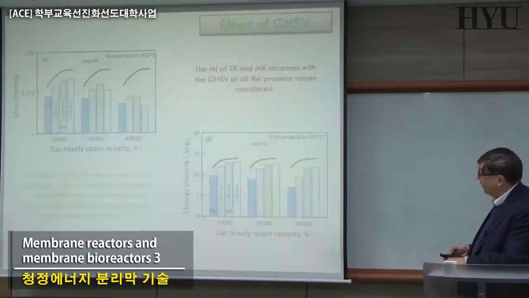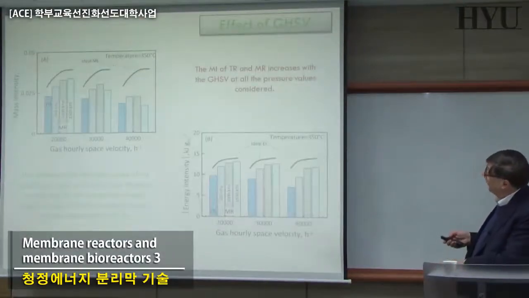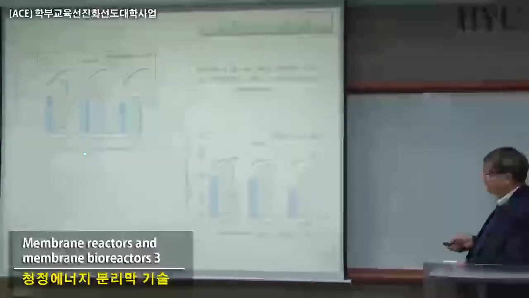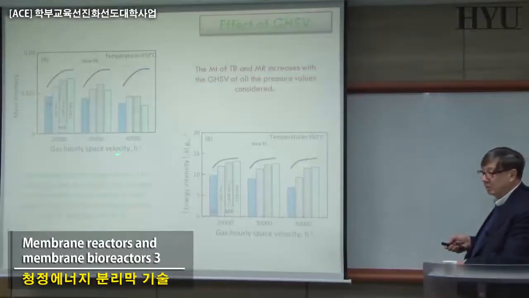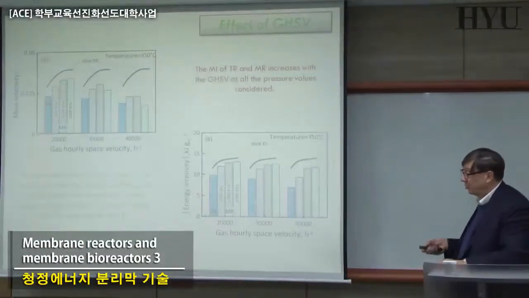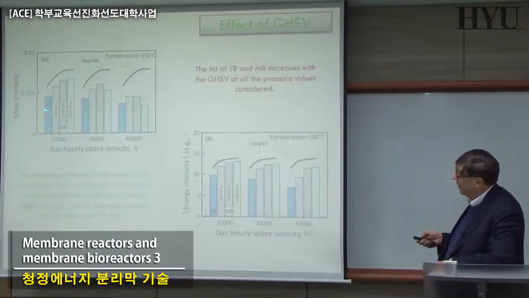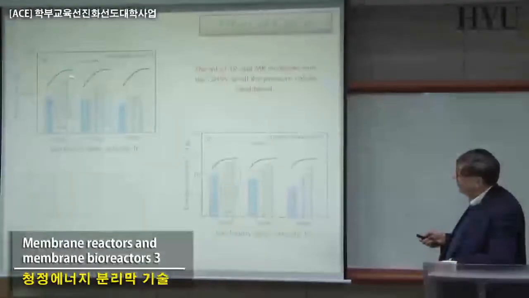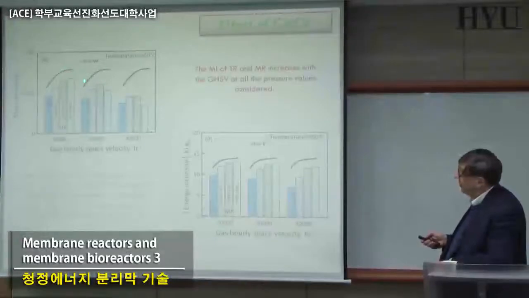If you make more of these calculations in a different way, you can see the effect of the GHSV, that is the gas hourly space velocity. That is a typical parameter that chemical engineers use to show the benefits on mass intensity or energy intensity, and these are the ideal values presented at a certain temperature.